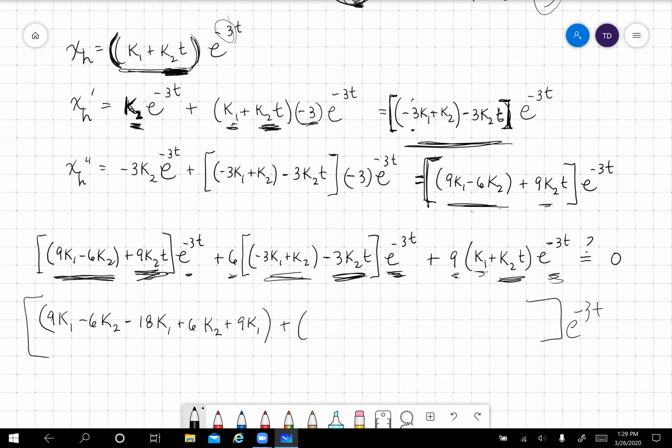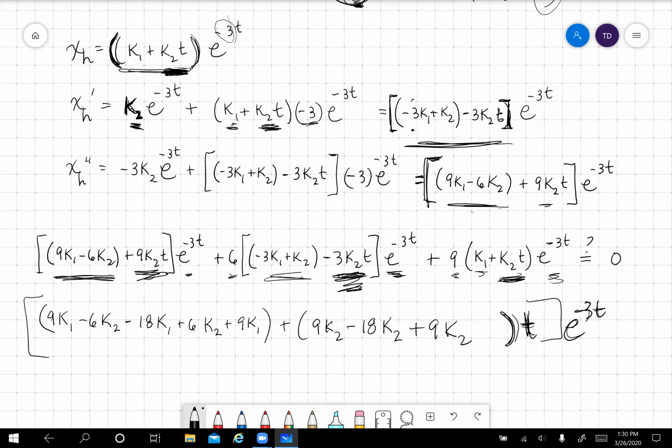So we have plus 9k2, and there's going to be a t outside of this. And then I have this one times 6, minus 18k2. And then I have this one times 9, plus 9k2. All of that multiplies t, multiplies e to the minus 3t.